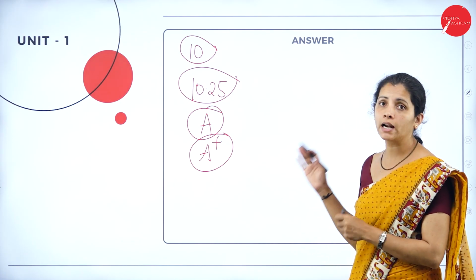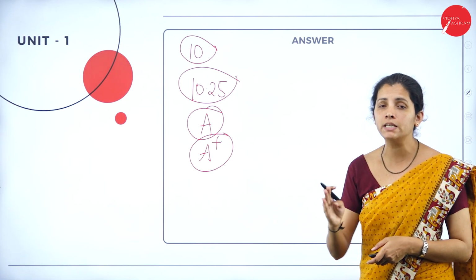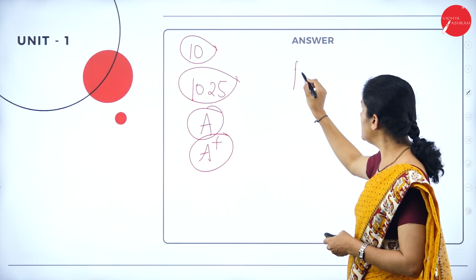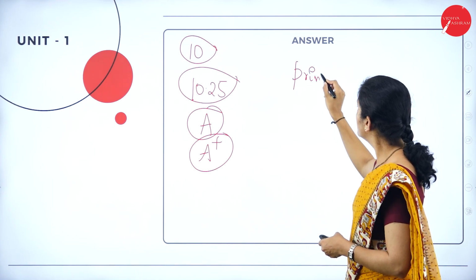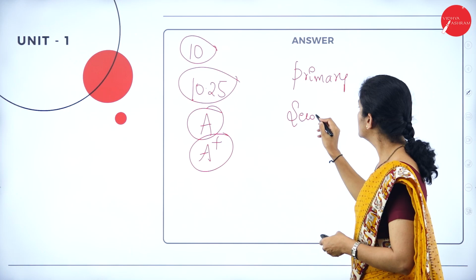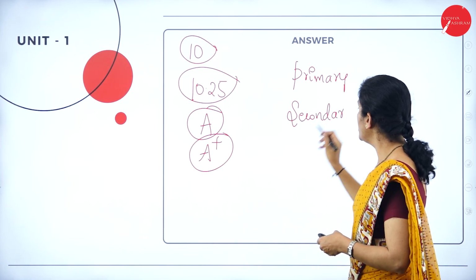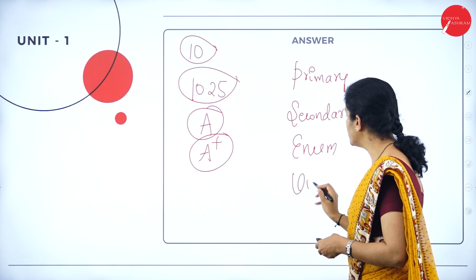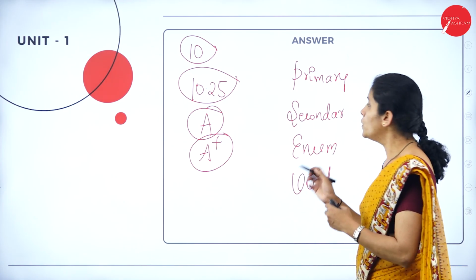And data types are classified into how many types? It is 4 types. Which are the 4 types? Primary, then secondary, then enumeration, and the last one is void. Okay, fine.